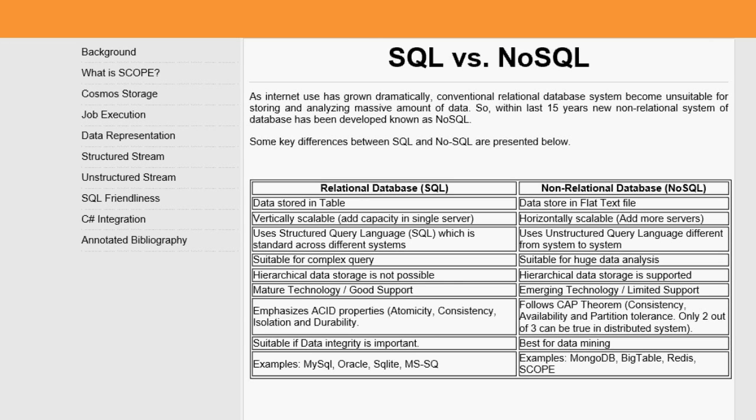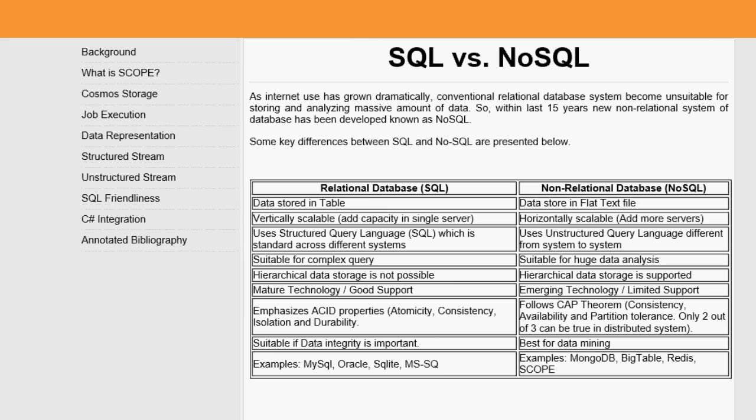A relational database emphasizes ACID properties: atomicity, consistency, isolation, and durability, whereas non-relational databases follow the CAP theorem. CAP means consistency, availability, and partition tolerance, and only two of the three can be achieved in a distributed system.